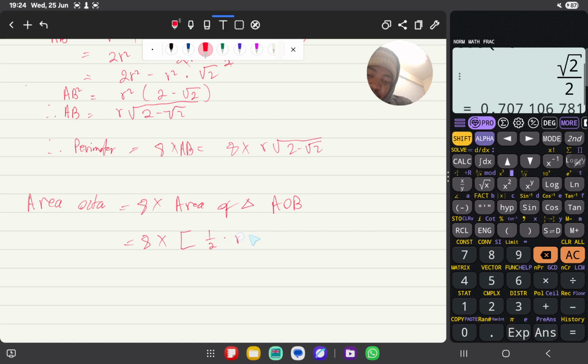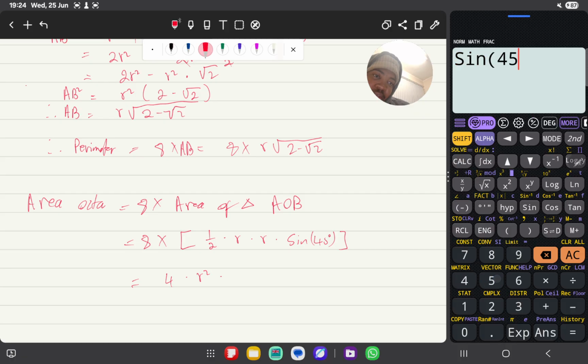The area of the triangle is going to be half multiplied by r multiplied by r multiplied by sine 45 degrees, which is 8 multiplied by, or maybe let me just say that 8, then I have 4 multiplied by r squared multiplied by the sine there. So sine 45 is just like cos 45, that is square root of 2 divided by 2.